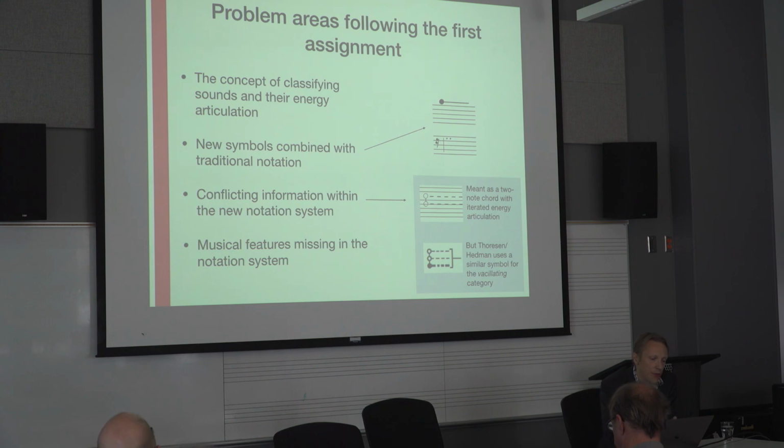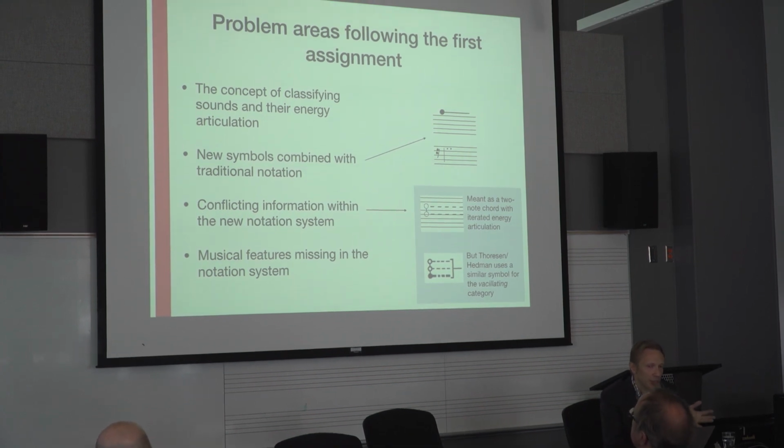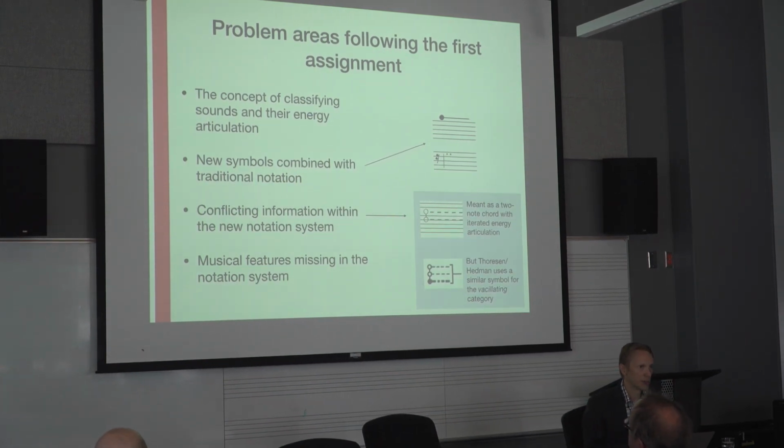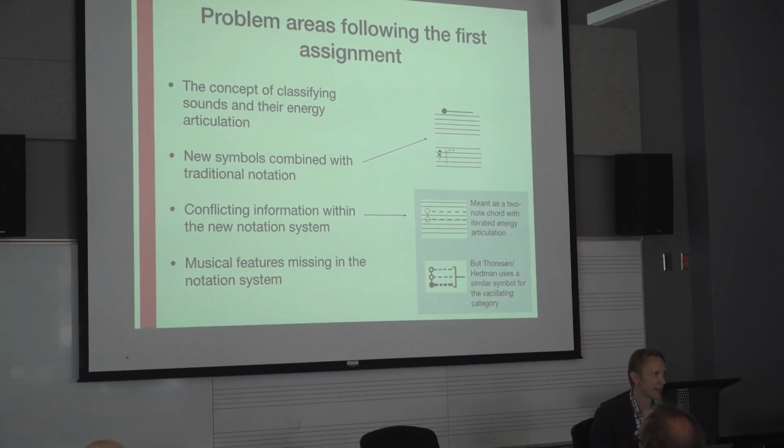The problems following this first assignment: well, first, classifying sounds and their energy articulation, so deciding what is what. That is always difficult for first-year bachelor students, particularly the ones who have not worked with electronic music at all, because they were not necessarily used to thinking about their work in that way.